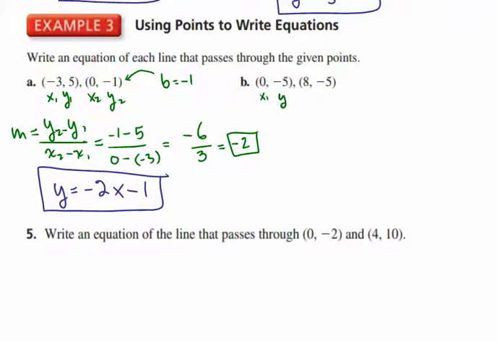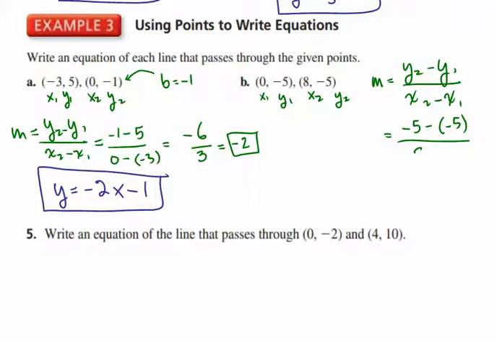x1, y1, x2, y2. M is equal to y2 minus y1 over x2 minus x1. In this case, y2 is negative 5 minus y1 is negative 5 over x2, which is 8, minus x1, which is 0, and we end up with negative 5 plus 5, which is 0 over 8, is equal to 0.